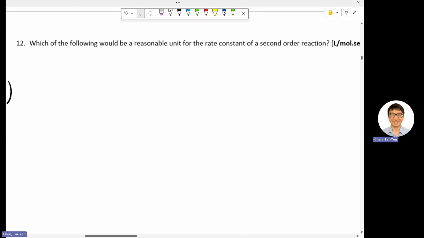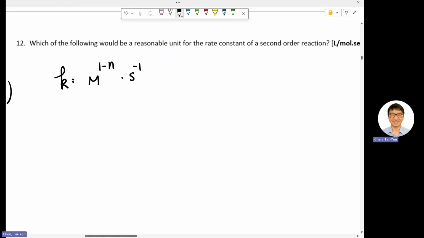Next one: which will be the reasonable unit for the rate constant of a second order reaction? This tests the unit of K. Previously I gave you this equation: the unit of K is concentration to the power 1 minus n, times per second, where n is the order of the reaction.